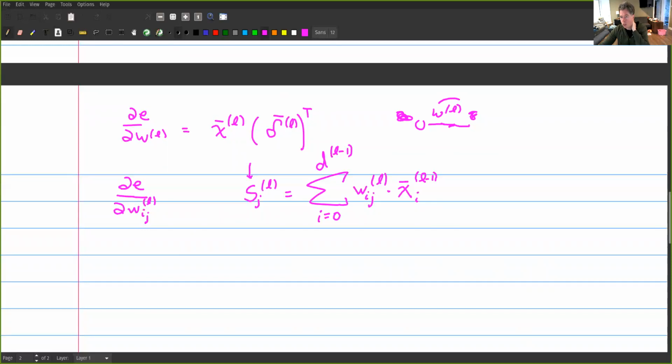So W^L goes through and becomes S before the layer L transition, and then you have the outputs from layer L after that.